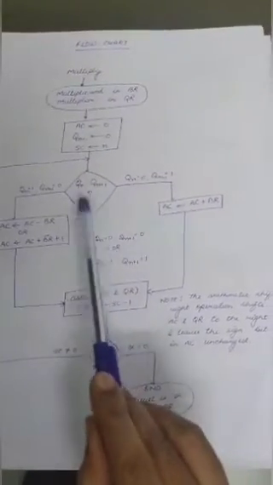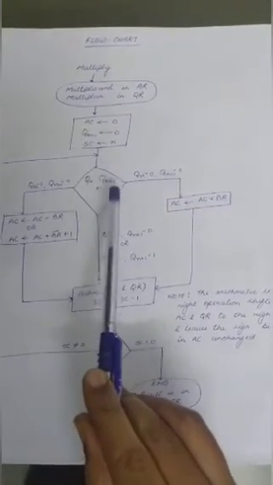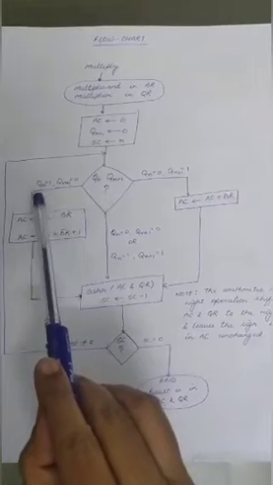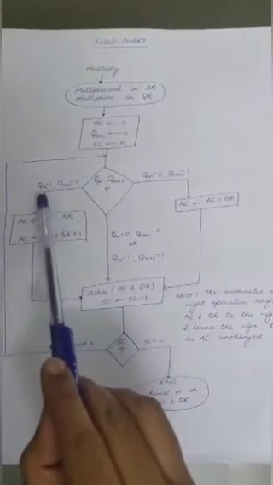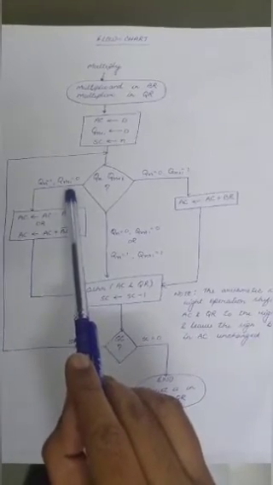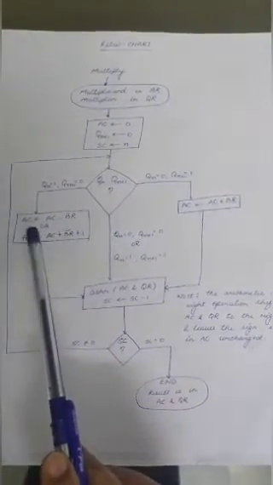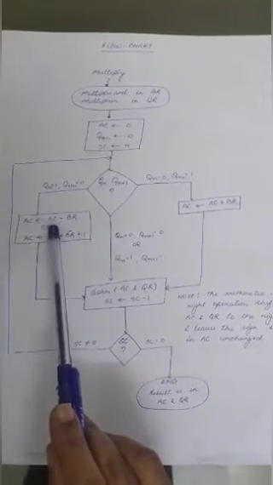Now the next step is to check what the current Qn bit is and what the Qn plus 1 bit is. There are three possible cases here which we have already discussed as rules. My first rule says that if Qn is 1 and Qn plus 1 is 0, where Qn indicates the current multiplier bit and Qn plus 1 is the previous multiplier bit, then I need to subtract my multiplicand from the partial product.